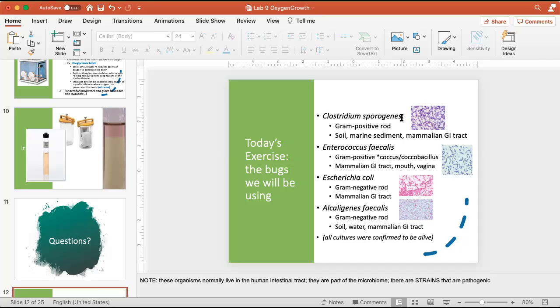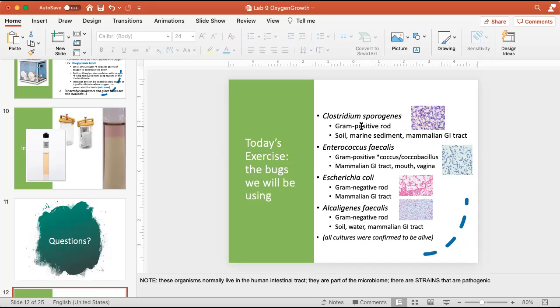Clostridium sporogenes is a gram-positive rod. So we haven't seen too many gram-positive rods. This one can be found not only in our gut, but it can also be found out in the world. It tends to be in soil, or you can also find it in sediment in bodies of water, down at the bottom of the body of water.